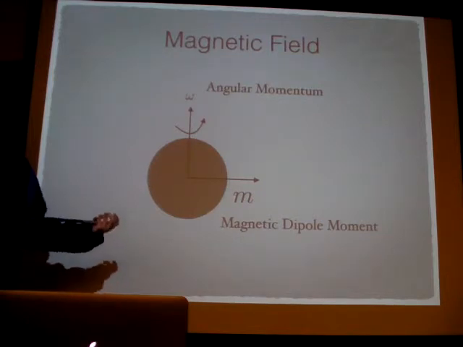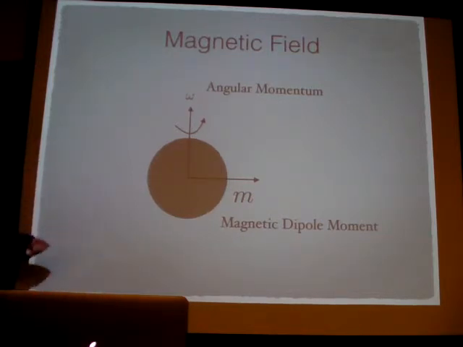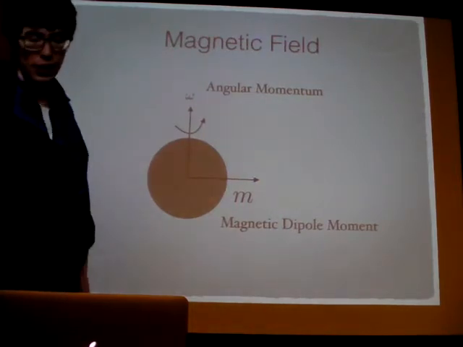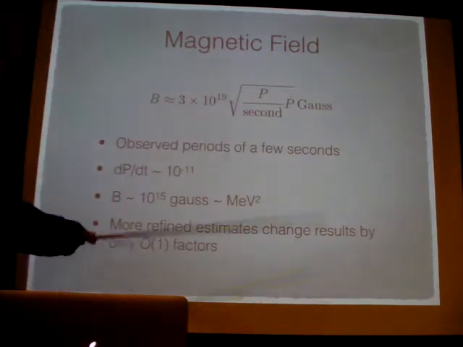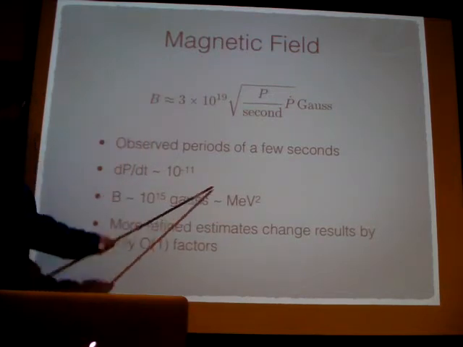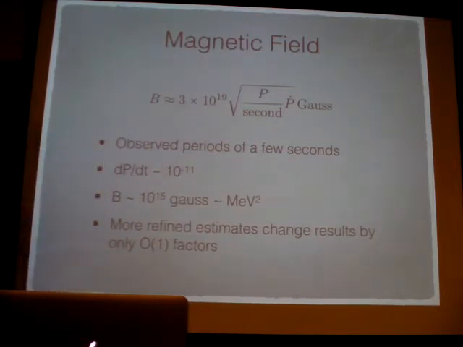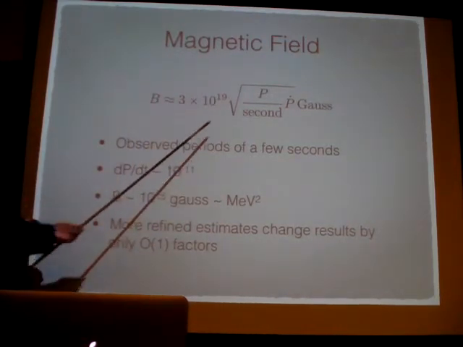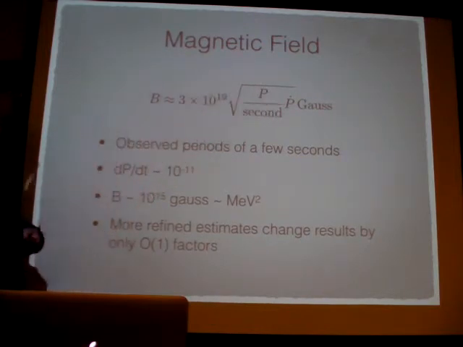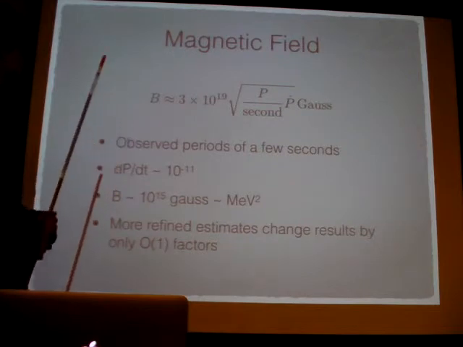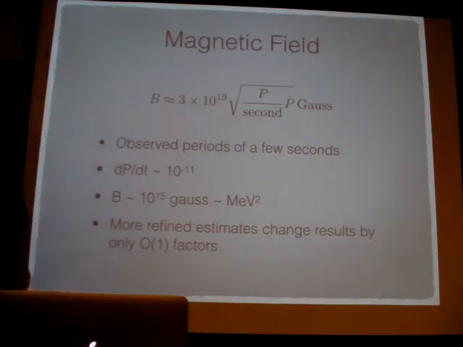This comes at the expense of the I omega squared, the angular momentum of the star. By setting those two equal, you get that the B field is essentially 10 to the 15 Gauss, when you put in observed values of the period and how fast the period is changing. This is the really simple and crude way of getting the magnetic field.